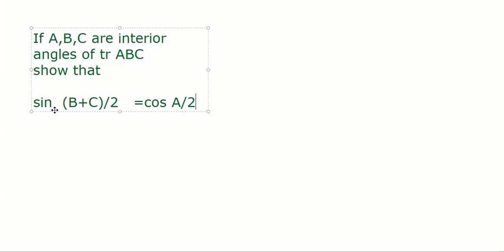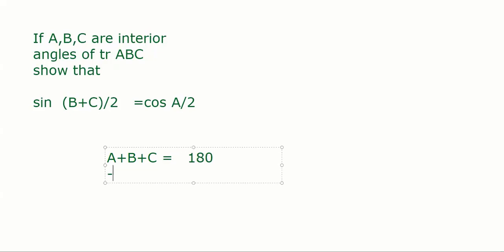What we can do is, we know in a triangle, what is sum of the three angles in triangle, guys? 180. So A plus B plus C is 180. Now I divide by 2 both sides.